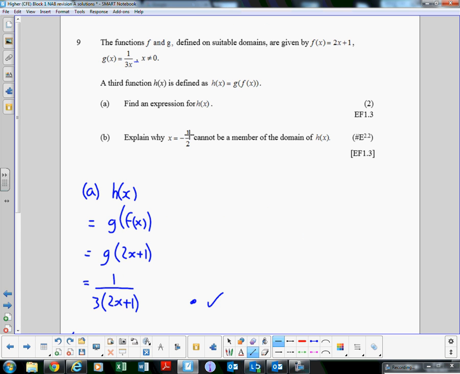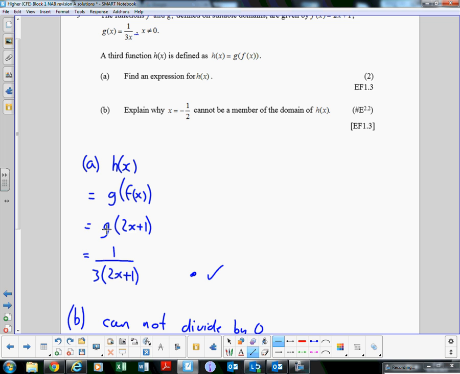Question number 9. A third function is defined as h of x equals g of f of x. Find an expression for h of x. So h of x is g of f. Right, what is f of x? f of x is 2x plus 1. So let's replace f of x here with 2x plus 1. So I'm now going to try and do g of 2x plus 1. So g of whatever is in the bracket.